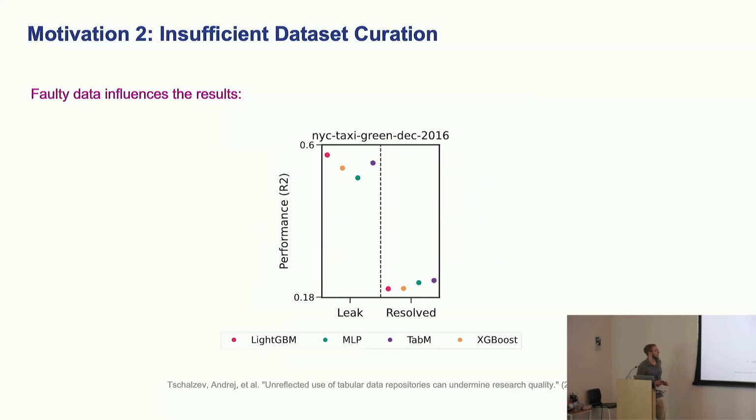Another issue that can happen is that when these benchmarks are created, oftentimes they just take whatever datasets are available from OpenML, throw them in, and try to get a bigger number of datasets than the previous benchmark to basically say this is the biggest, most comprehensive benchmark that's ever been created for tabular data, right? The problem is that there isn't a lot of sanity checking of the quality of these datasets and what you're actually throwing in there.